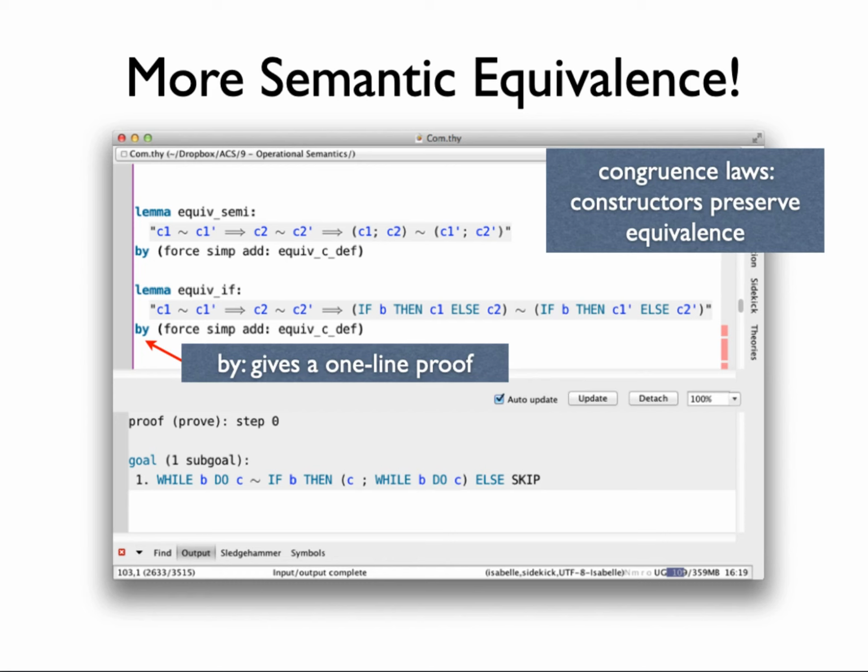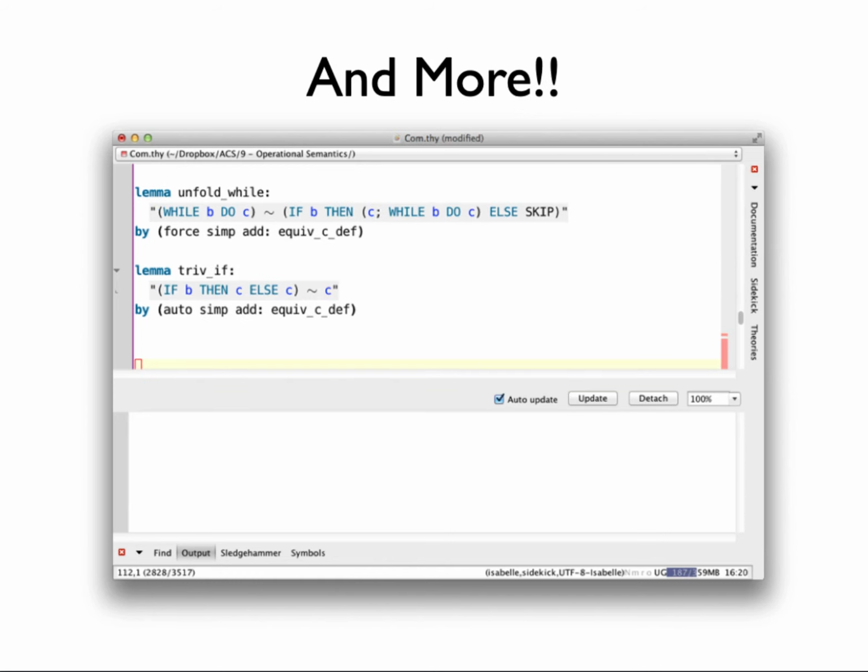You will notice there are slight differences between using the by proof method as opposed to apply proof method done. It's a bit more elegant to use by when you have a one-line proof. Keep going here.